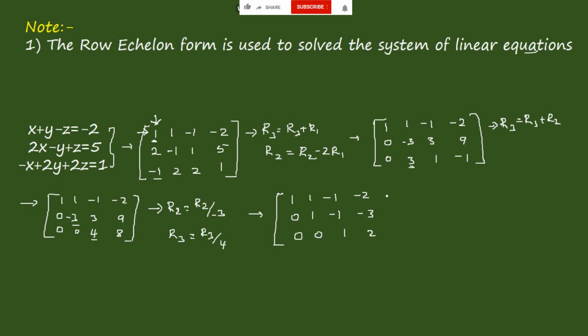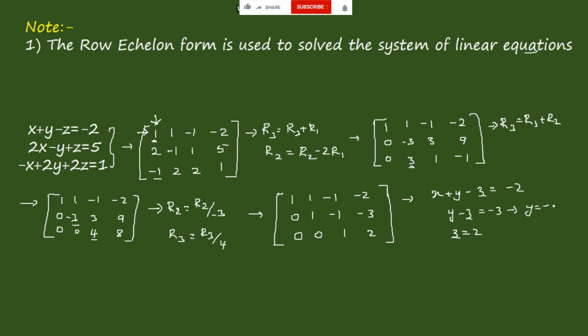You got this particular system. If we write this in the form of linear equations, then we get x plus y minus z equals minus 2, and y minus z equals minus 3, and z equals 2. You got the z value, then what is the value of y?